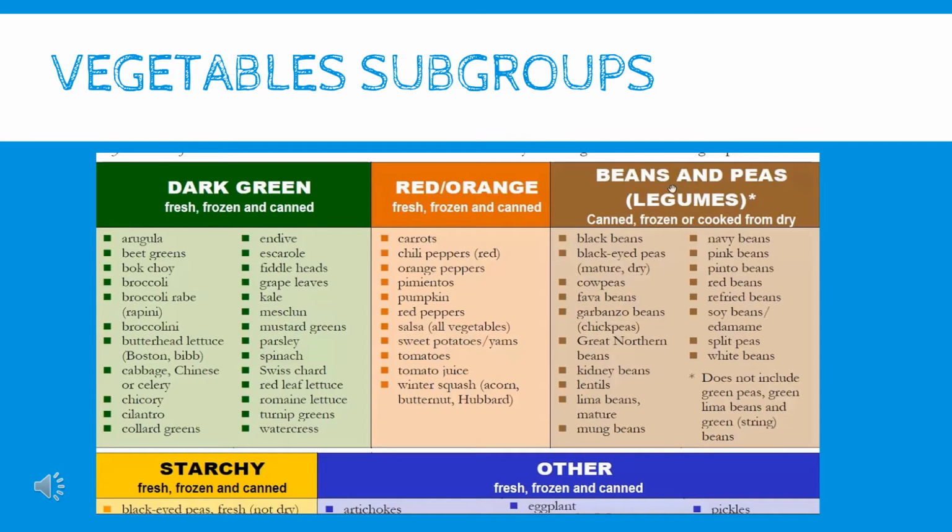Some examples of a starchy vegetable would be the black-eyed peas. Other vegetables would be artichokes, eggplants, and pickles.